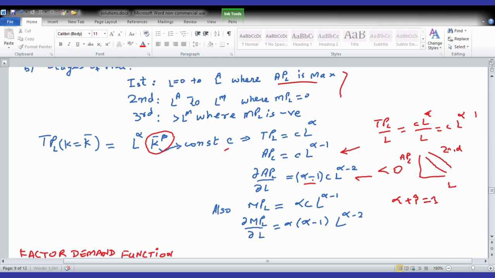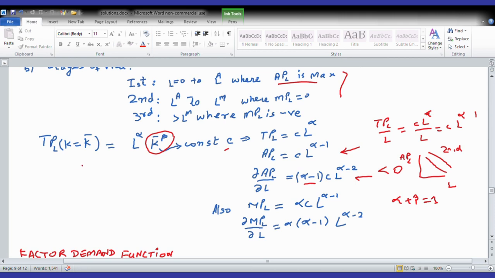Because alpha is less than 1, this derivative has to be negative. For this derivative to be positive, alpha must be greater than 1, and if alpha is greater than 1, then average product of labor is rising. So this is not the case with the Cobb-Douglas production function.